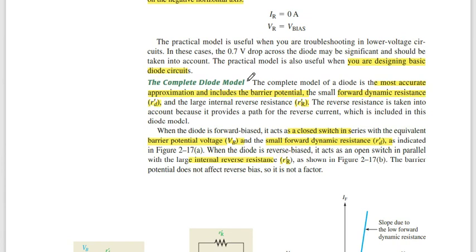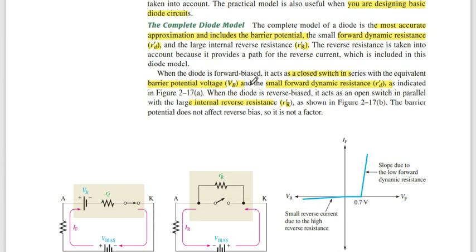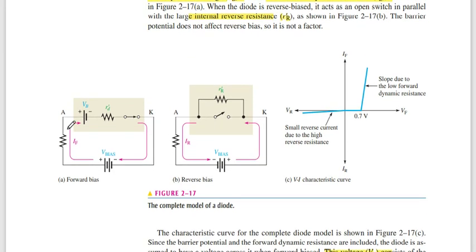The complete diode model. In this model we can use the dynamic resistance, the large internal reverse resistance, or small r prime, capital R for internal resistance, and D for dynamic resistance.